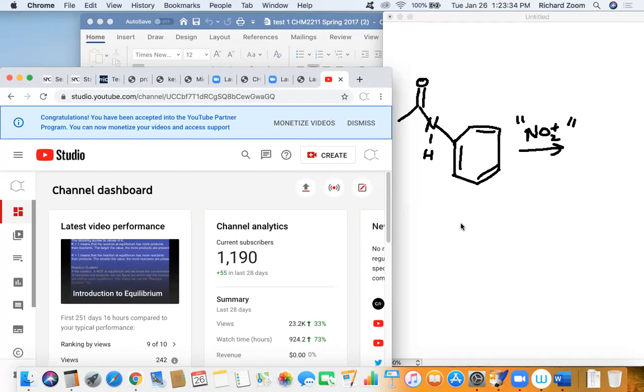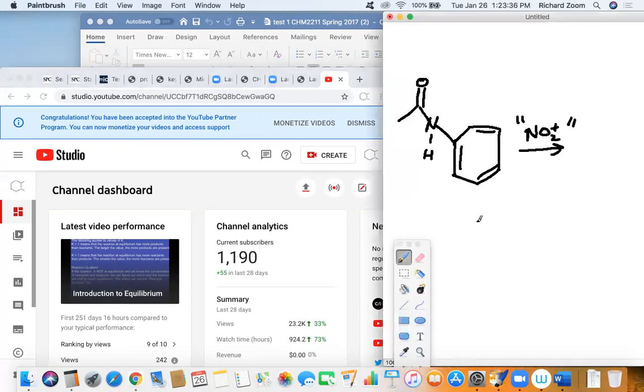But yes, that's correct. It is going to be ortho and para because it is activating. Now, I know why some of you said deactivating, because you saw this C double bond O. Can anybody tell me the wrinkle though here? Is it because of what's attached to it is an activating group? That's right.